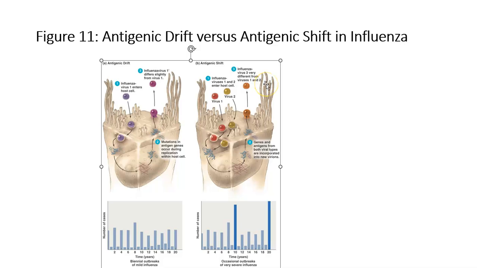The genes and antigens from both viruses are incorporated into a new virus that is genetically significantly different from the previous years. So you go along and drift, and then all of a sudden you get a shift. Boom. And the cases go way up.